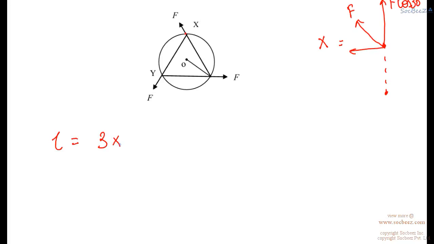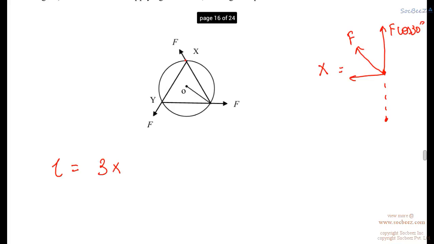So therefore torque is 3 into, since here radius is 0.5 meter, and since torque will act at all three points here, therefore torque will be 3 into F sine 30 degrees into R. This is R and this will be F sine 30.